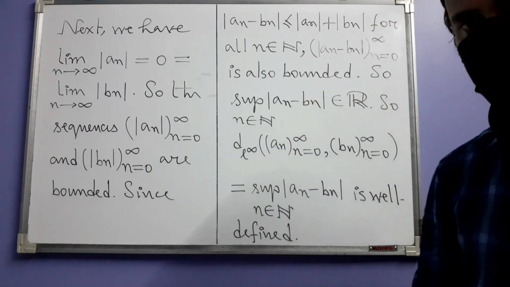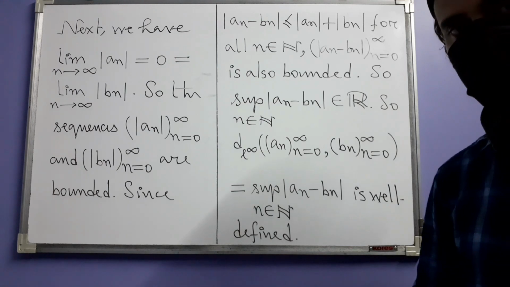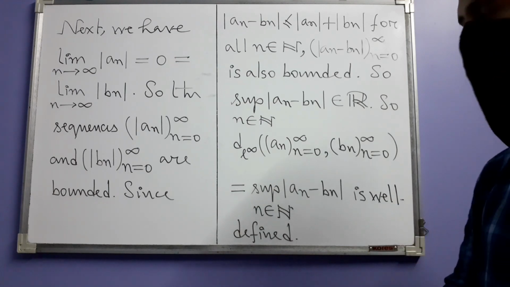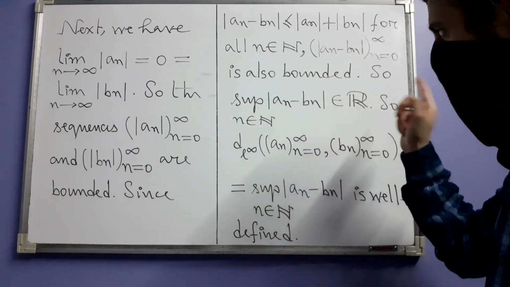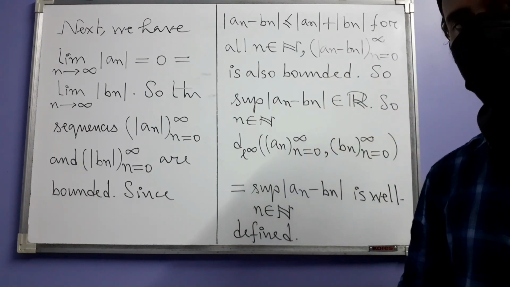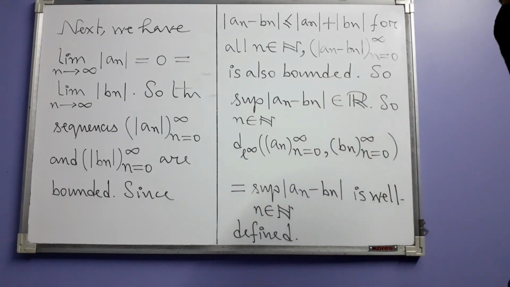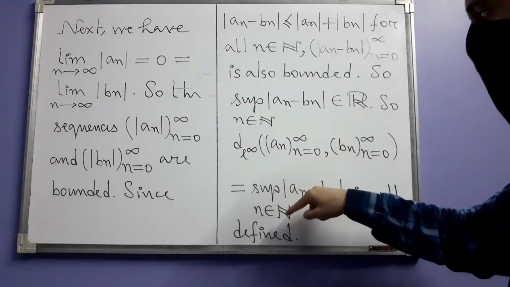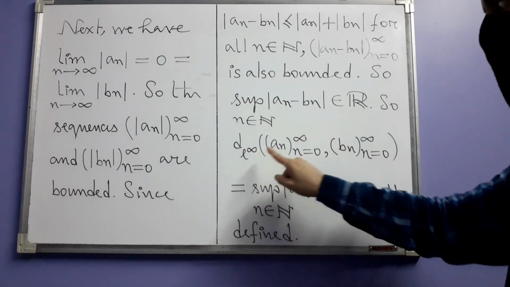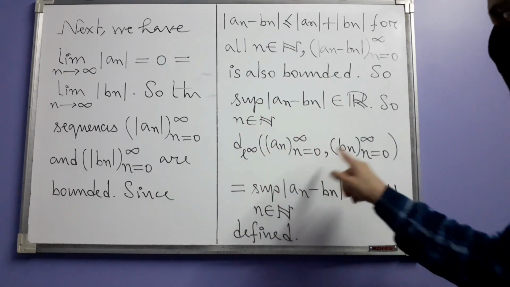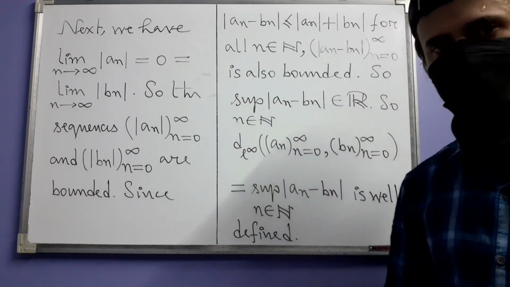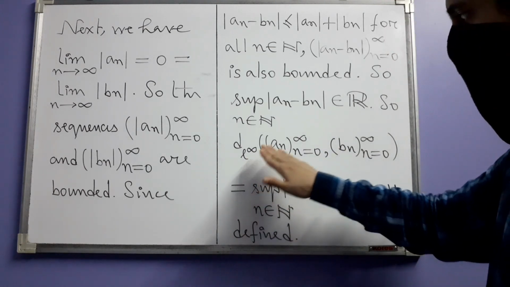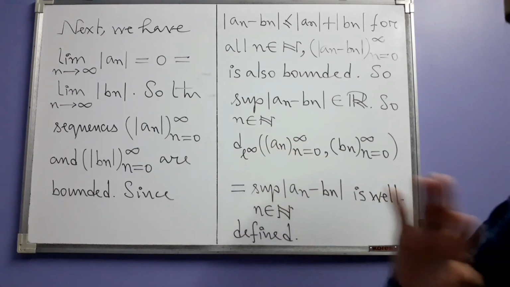And because it is bounded and it is a sequence of real numbers, by the least upper bound property, the supremum of this sequence is a real number. Okay, but what is this supremum? This supremum is actually nothing but the dl infinity distance between the sequences an and bn. So which is thus always a real number, and that is how the dl infinity function is well defined.